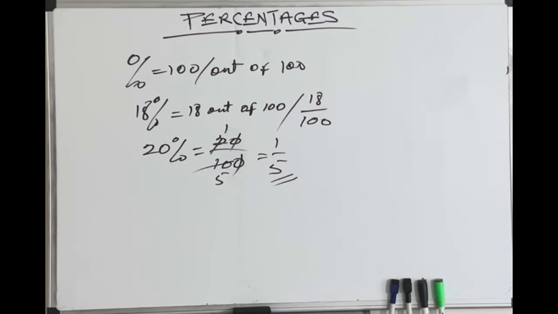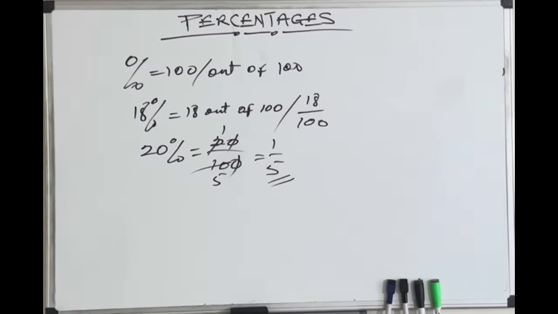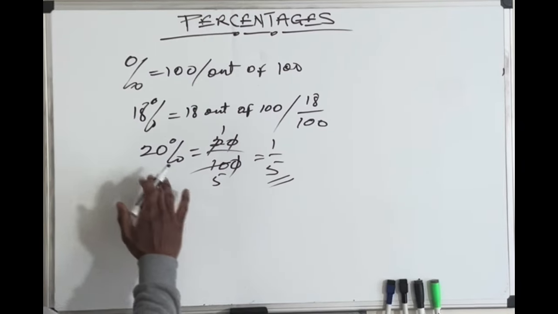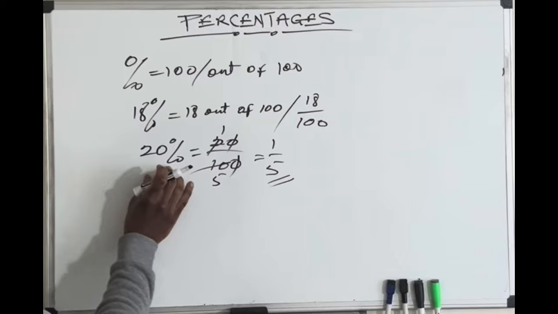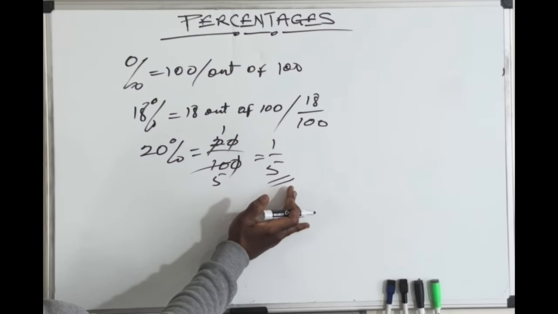So expressing fractions as percentages. To express a given fraction as a percentage, we multiply by 100. Okay. So this was a percentage, and then we expressed it as a fraction.